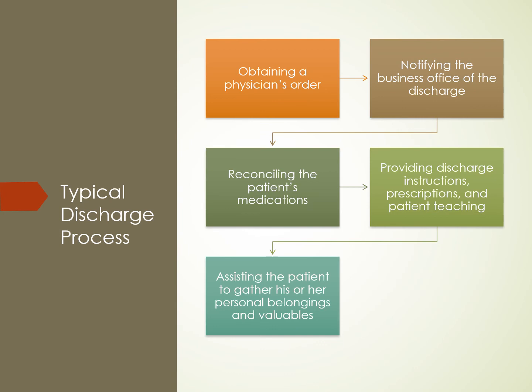The typical discharge process is that you first obtain a physician's order, so you must have a physician's order for discharge. You're going to notify the business office of the discharge, reconcile the patient's medications, and we'll talk about med reconciliation later in the slideshow, but basically reconciling the meds means, does the physician want the medicines that they're on in the hospital to be continued or discontinued when they go home?